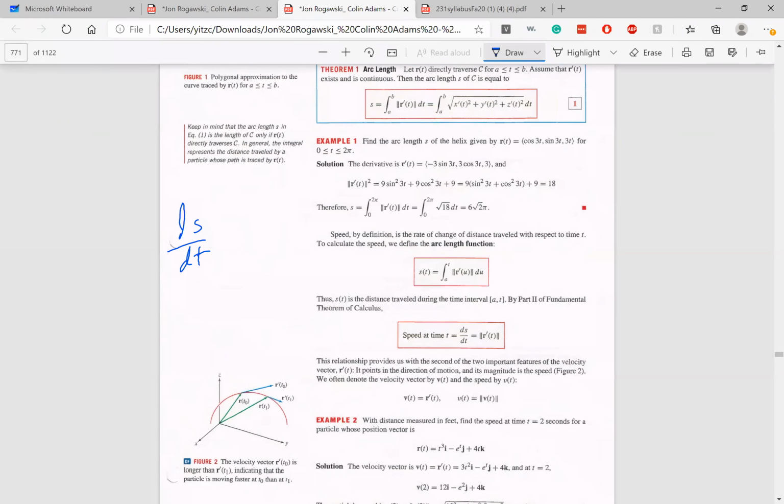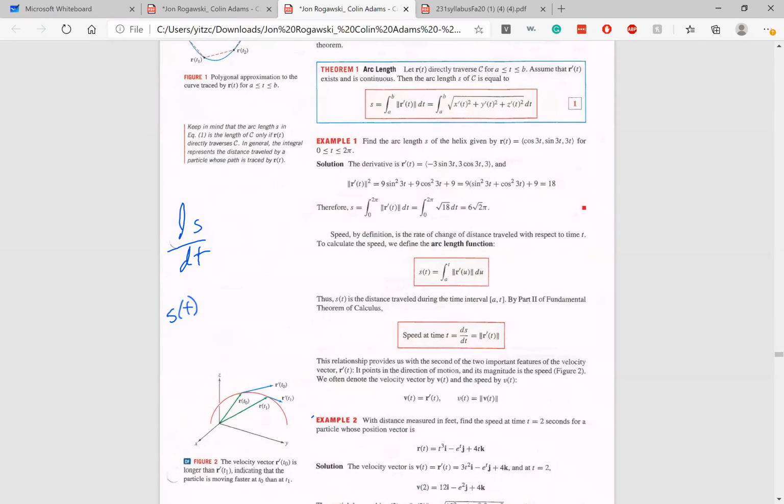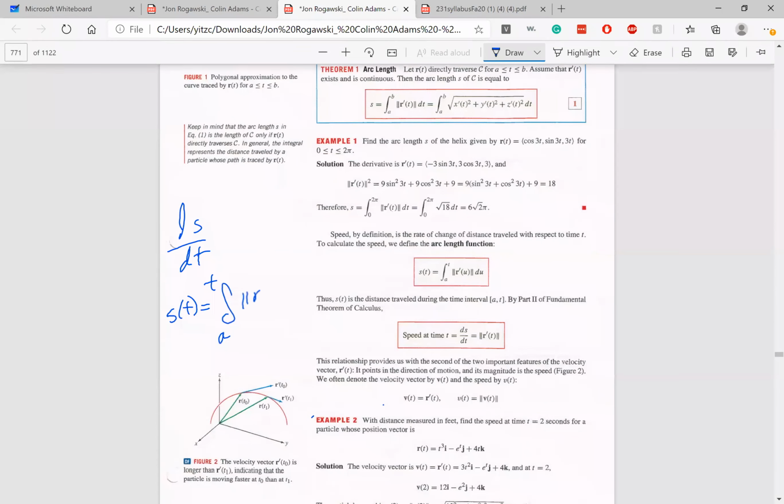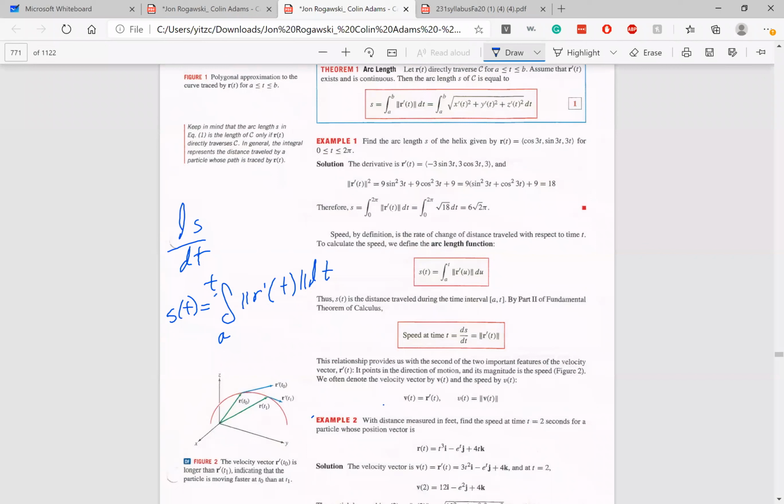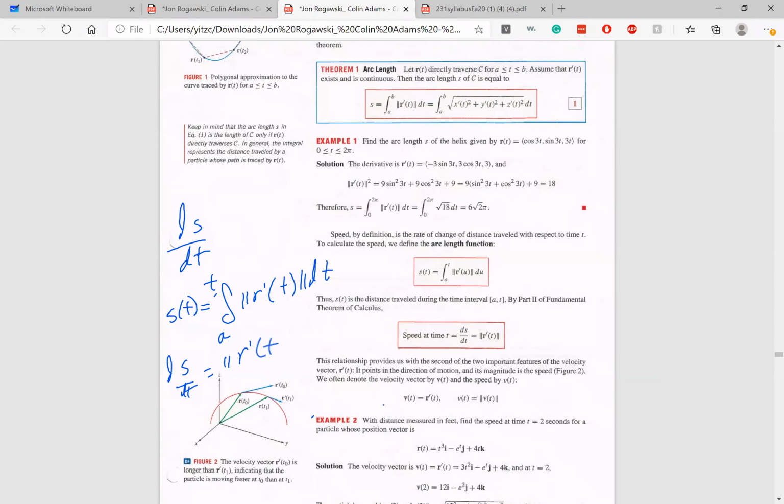Let's take s of t in general to be equal to the integral from a to t of the magnitude of r prime of t dt. As you put different t's over here, you'll get different arc lengths starting from a. Now ds over dt, by the fundamental theorem of calculus, the t just goes in. That would be the magnitude of r prime of t.